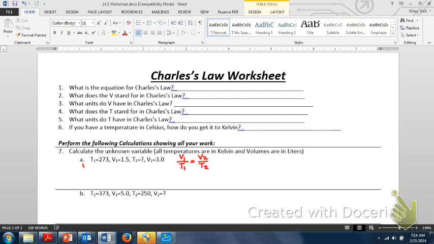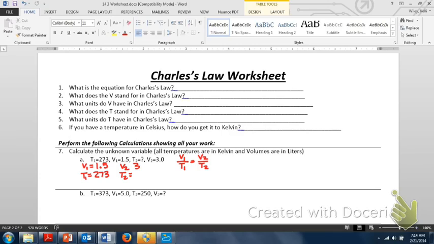Setting up V1, T1, V2, T2. V1 they gave you is 1.5. T1 they gave you is 273.